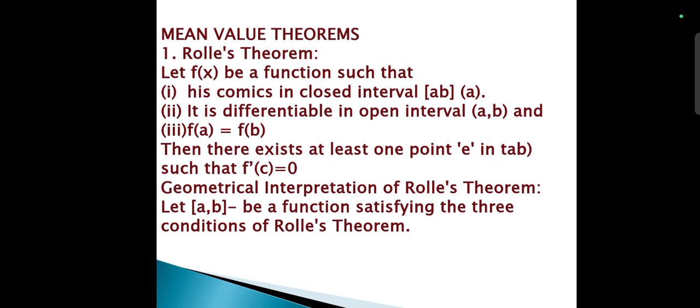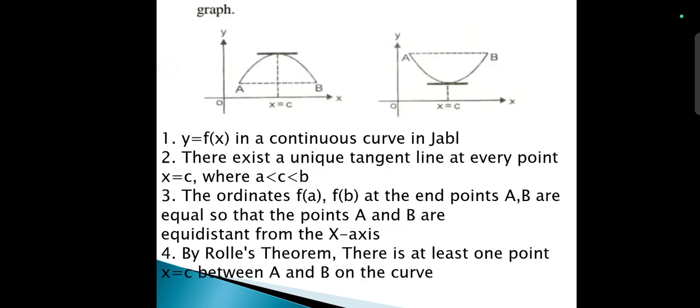The geometrical representation of Rolle's theorem. Let f on a comma b be a function satisfying the three conditions of Rolle's theorem. Now in the graph, we take the x-axis and y-axis, and the middle is the origin 0.